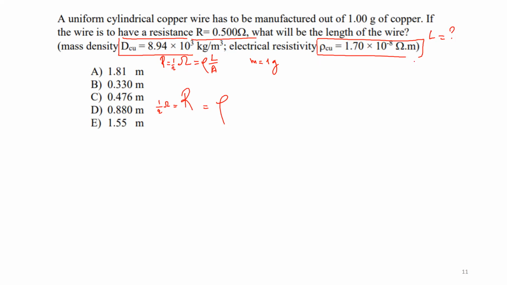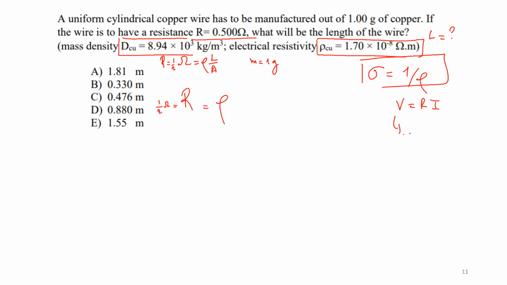And remember as well, electric conductivity, sigma, which is just 1 over electric resistivity. So you remember Ohm's law, V is Ri.